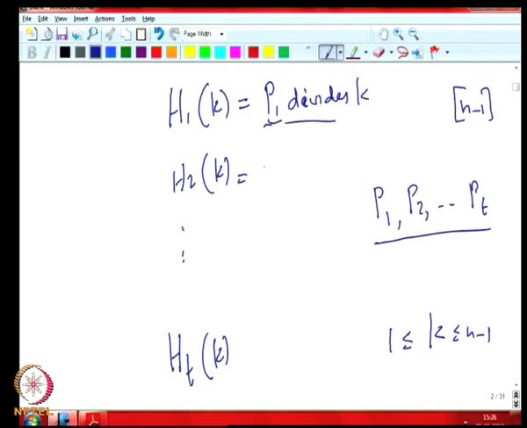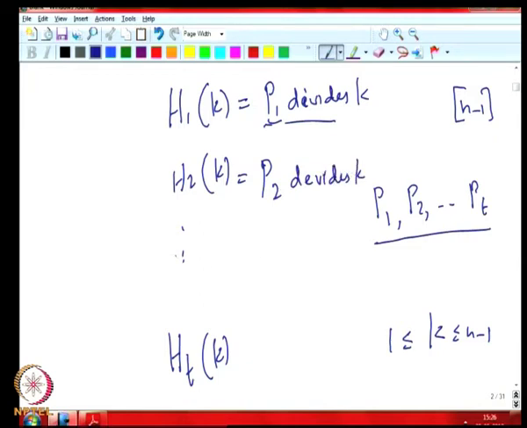The second property we want to avoid is p2 divides k.